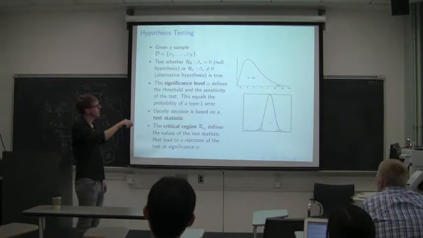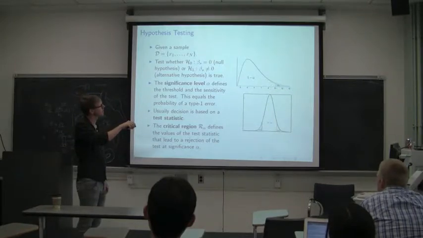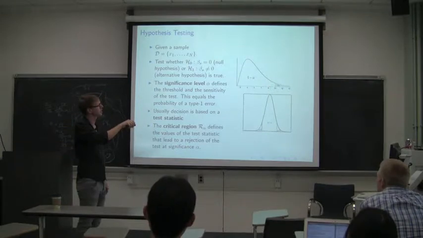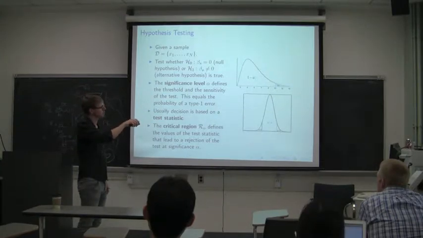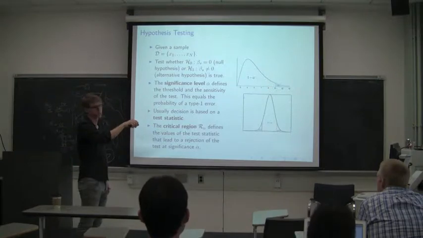Then the p-value would basically be the smallest alpha that we could use and still reject, which basically means that the critical region would have to start here and go to here, and then the size of the critical region would be the p-value, right?